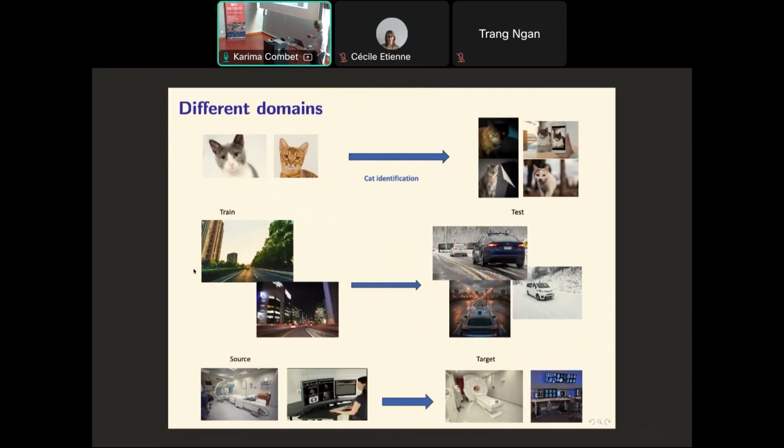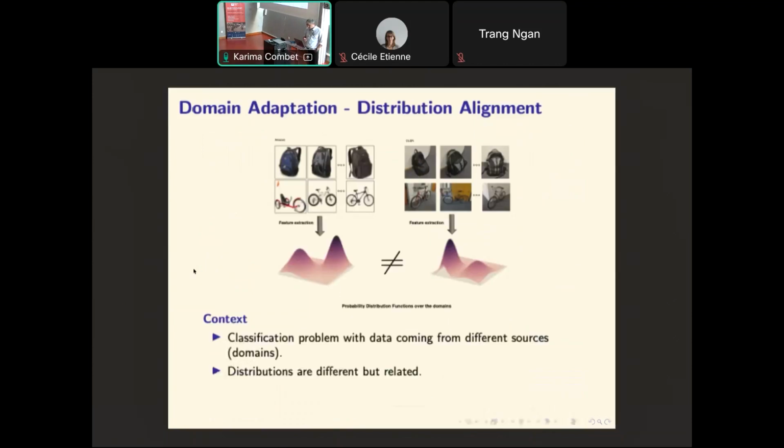If you think of autonomous vehicles, you can learn from very neat images, but in practice, it can happen that there is some snow, there is some rain, and so the model has not been prepared to address these conditions. Or in medical imaging, for example, you can have images that are acquired from a given scanner with some given image quality. And if you move to another hospital, there is another scanner with other types of images, and so the model might not be prepared to address these images, and we need to adapt.